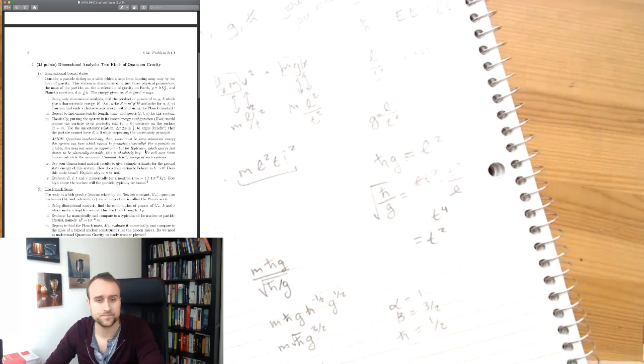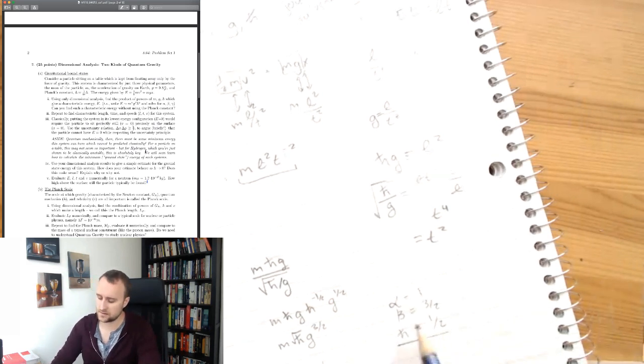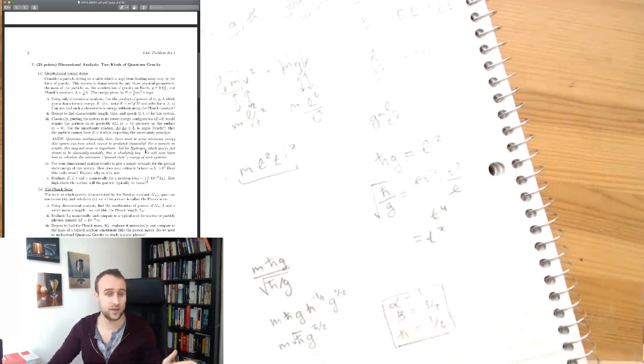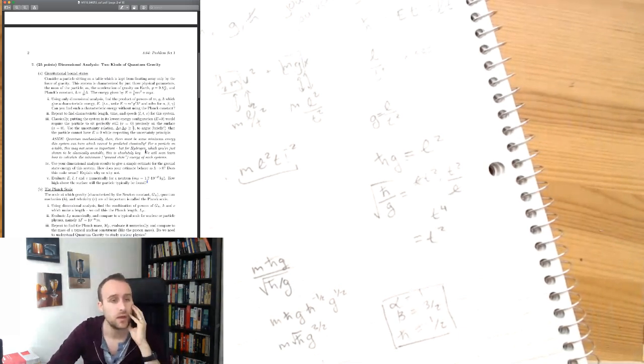Ooh, all right, I'm tentatively saying this is the right answer, but I've been getting a lot of the dimensional analysis questions wrong, so this will be something good to get some feedback on soon.